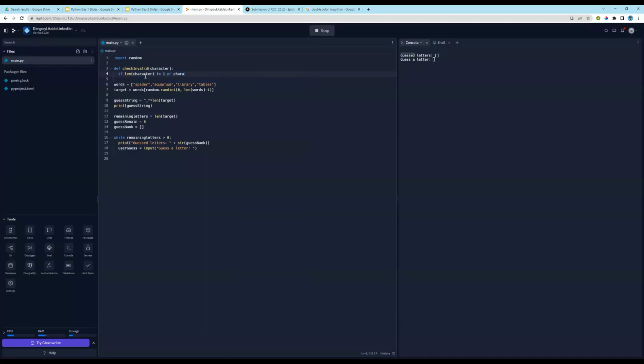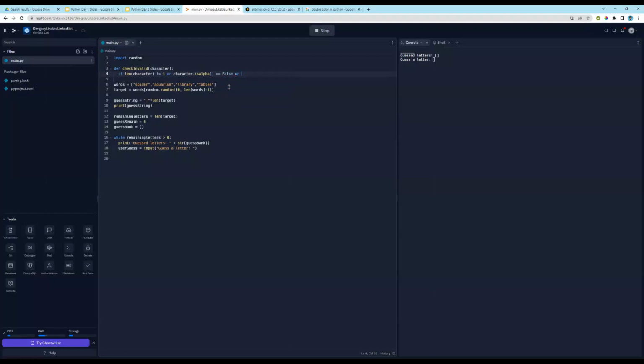Or if it's not an alphabet value, like a number or something. Character.isAlpha checks whether or not a character is part of the alphabet. If it's false, then we'll also say that's invalid.